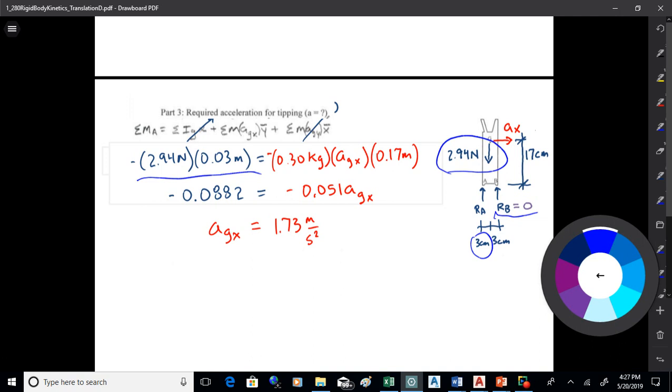And then we look at our acceleration in the x direction, which again will be negative, times AGX times its moment arm. And then we can go ahead and solve for AGX. It's 1.73 meters per second squared. Okay. So that's how you could go ahead and find tipping. You just set that front reaction in the direction of acceleration to zero.